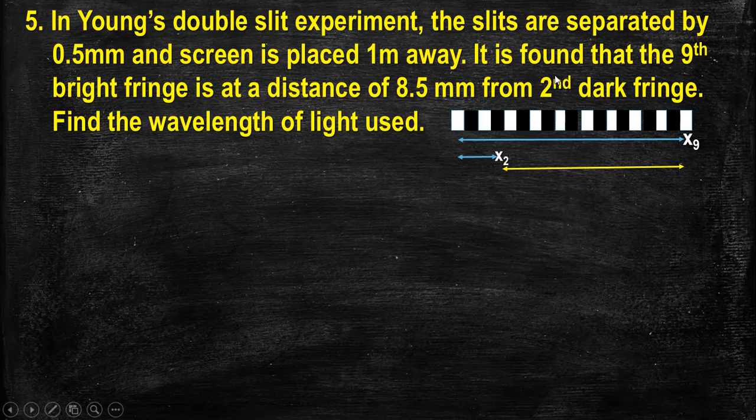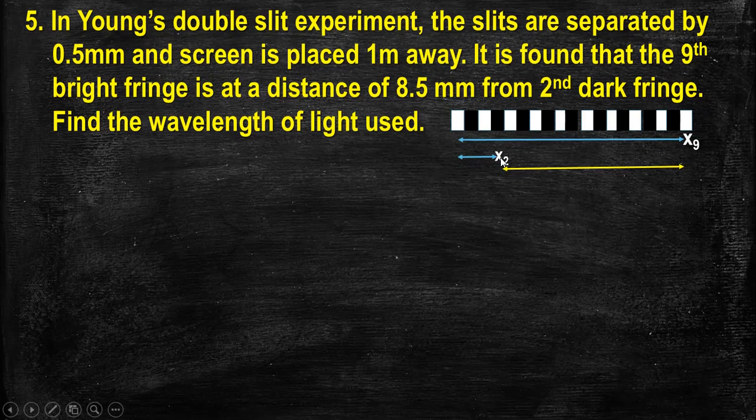Then second dark fringe. How to measure the second dark fringe? Again you have to measure it from the center of the central bright region. After the central bright region, first dark region, then first bright region, then second dark region. So this is the distance, X2, from the center of the central bright region.